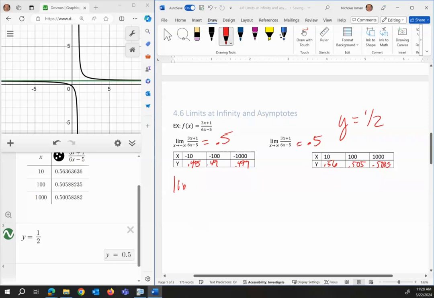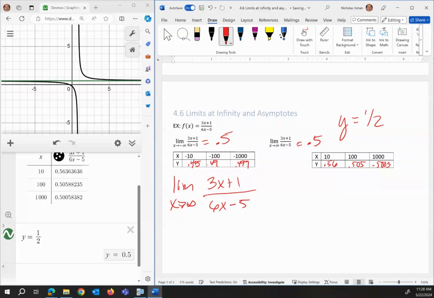If I try to do the limit as x approaches infinity of 3x plus 1 over 6x minus 5, and in my head I just plug in infinity, let me show you what happens. That'd be 3 times infinity, which is still really big. Add 1 and I get infinity, over 6 times infinity, which is infinity.